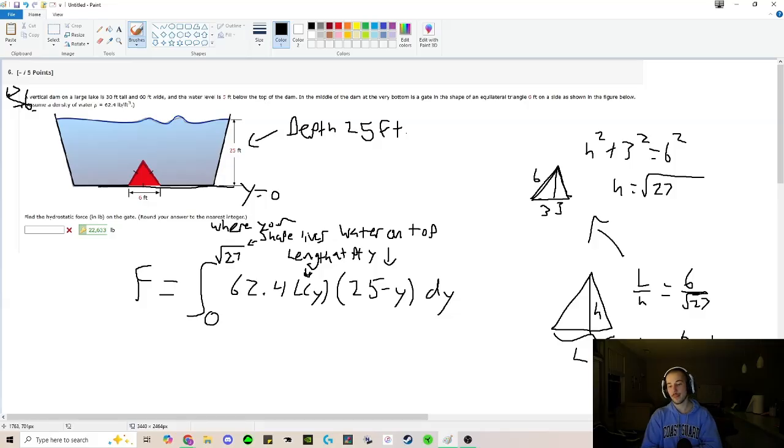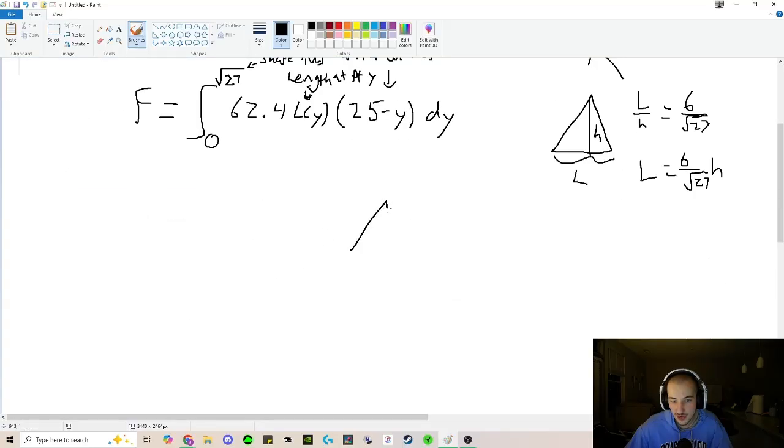This means that L is going to be 6 over root 27 times h. Okay, cool. But height is not really y, right? It's like when h is something like, let's say we're at this point where h is 2, and we're living in this big triangle.